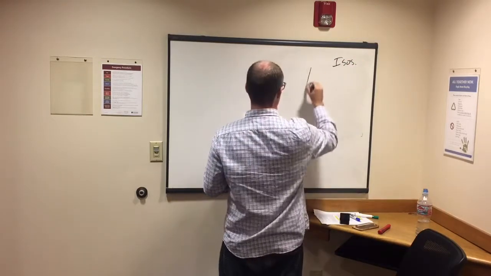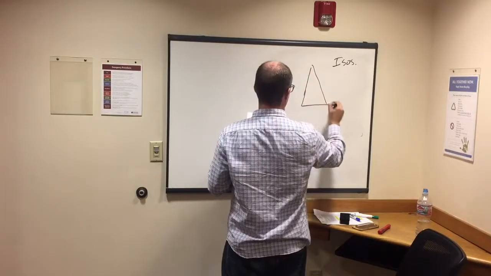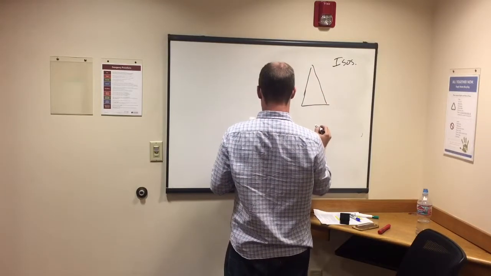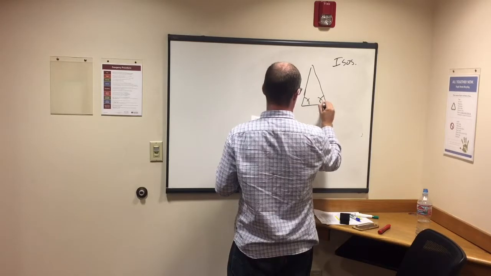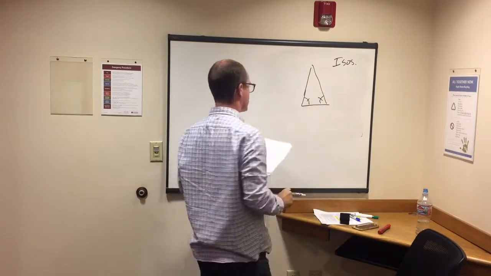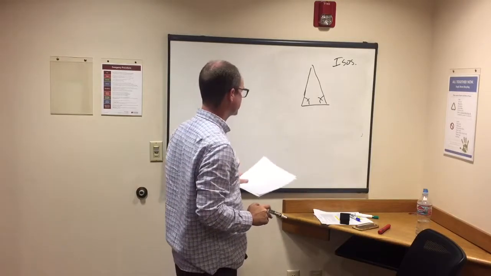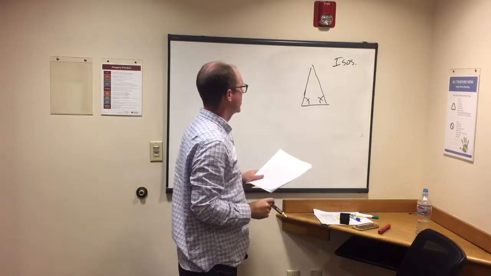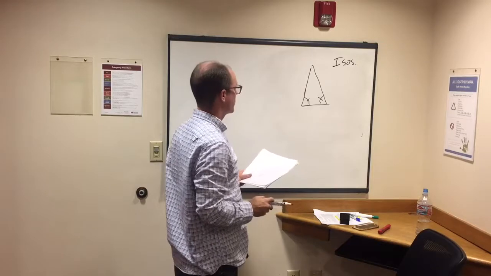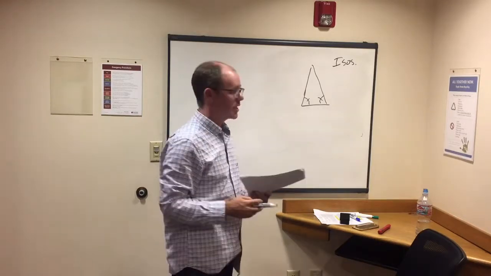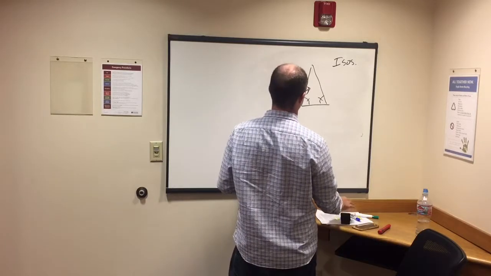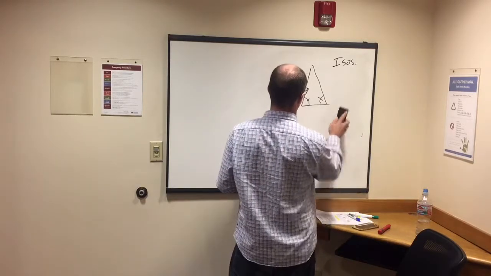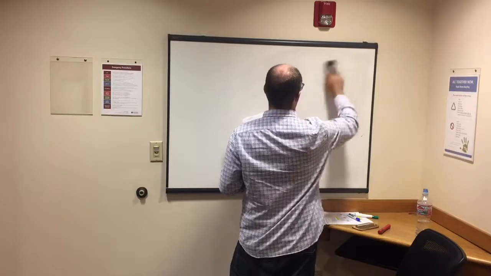Isosceles. We'll see something like that. This means they're equal. In an isosceles triangle, what we know is that we have two equal sides. Pretty easy. That's all you really have to know there: if you have two equal sides, then it's isosceles.